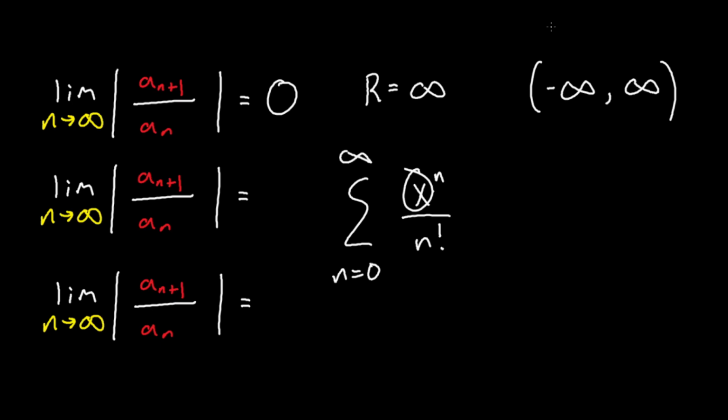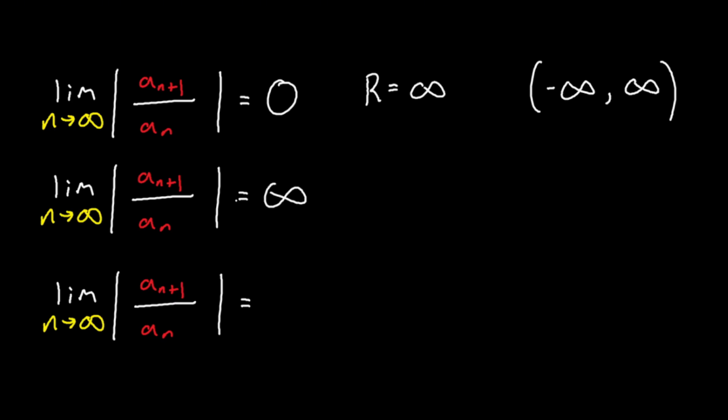No matter what x is, your factorial will completely overpower the exponential when you're going up into infinity. So in this case, no matter what x is, this series will converge. And this would be an example where your ratio test would give you a result of 0.